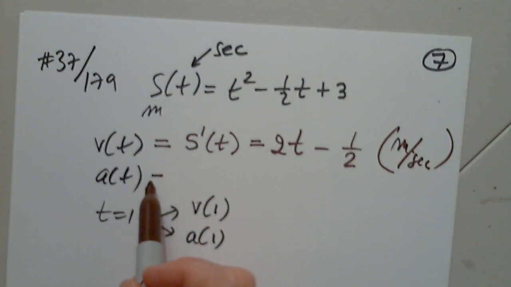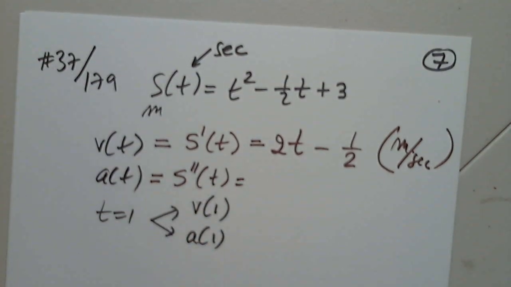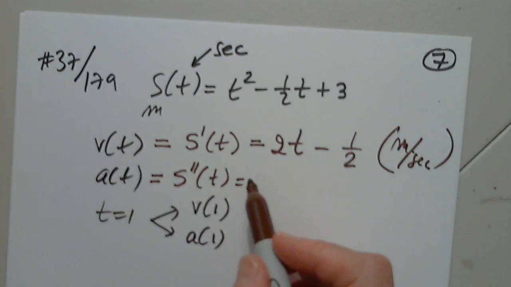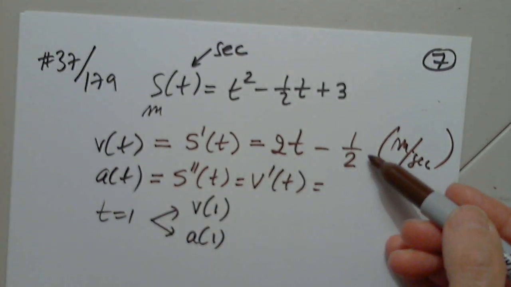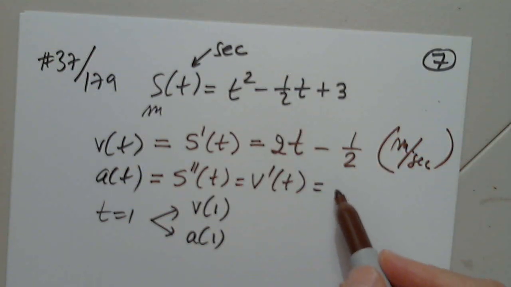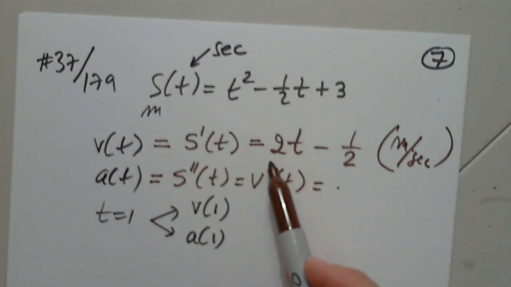Good. Now we want to find the acceleration. What is the acceleration? Is the second derivative of the distance or the first derivative of the velocity? Can anyone differentiate this? And we will write the answer. What is the derivative of this function?